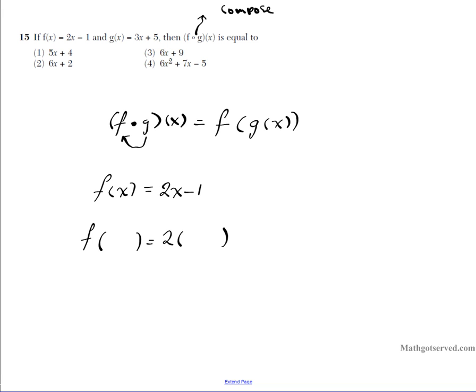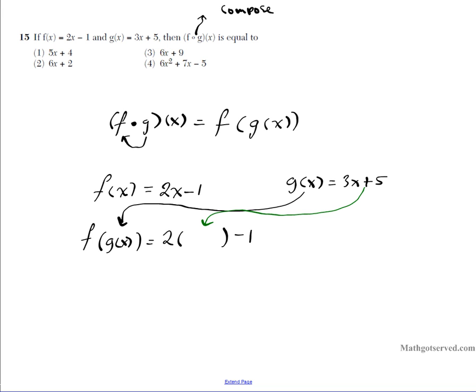The name of my input function, g, goes here, and the value goes to the right. Okay, so I know g of x is 3x plus 5. This is the name of the function. It's going to go right here, okay? And then the value of the function, which is 3x plus 5, is going to go right here. So the name is g of x, and the value of g of x is 3x plus 5.